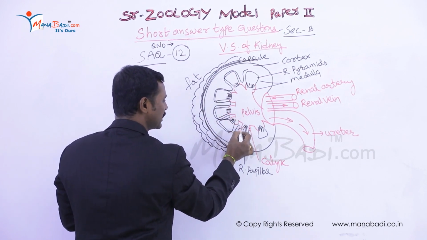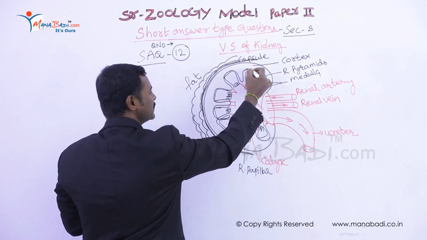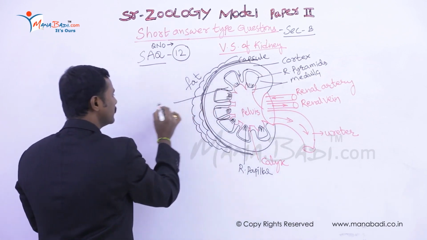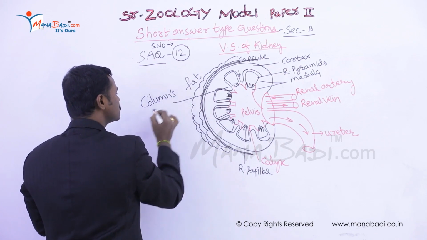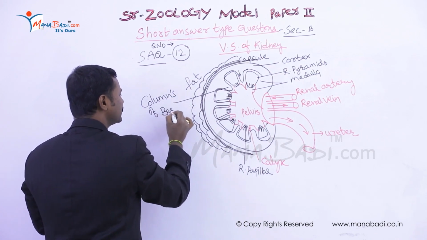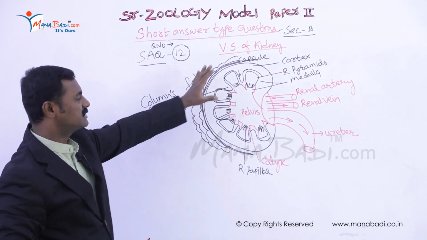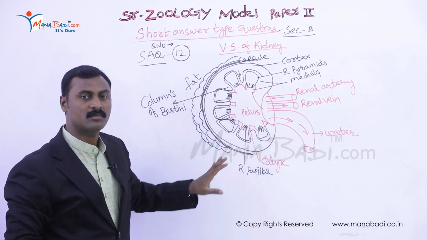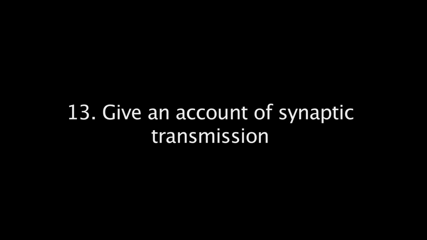This outer part is extended between the pyramids. Yes, this extension is called columns of Bertini. Columns of Bertini. So like that, these are the labelings you have to do. At least 6 labelings are essential for a 4 marks question, and this type of diagram you have to draw neatly.